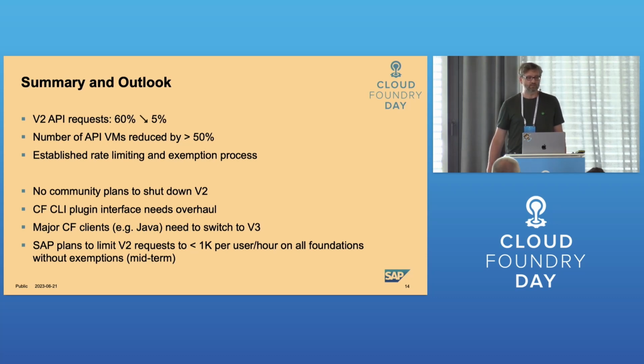And so SAP would like to come to a point where shutting down v2 would be possible. You can switch it off for a foundation, but ideally in some years or many years, we as CAPI developers would even like to remove the old code from the code base.